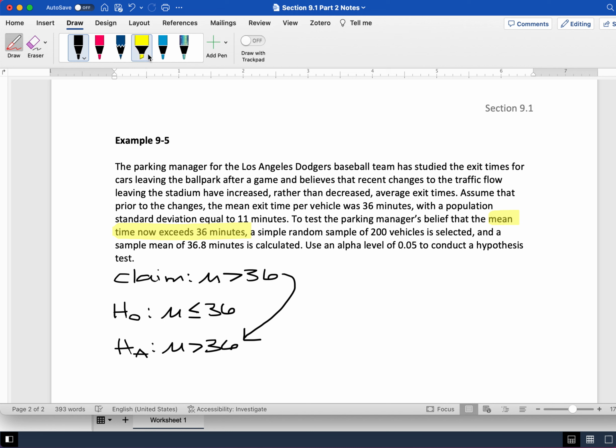Now let's identify information in the problem. So we have our sample size, we have our sample mean, and we have our population standard deviation. Population standard deviation means that we use z.